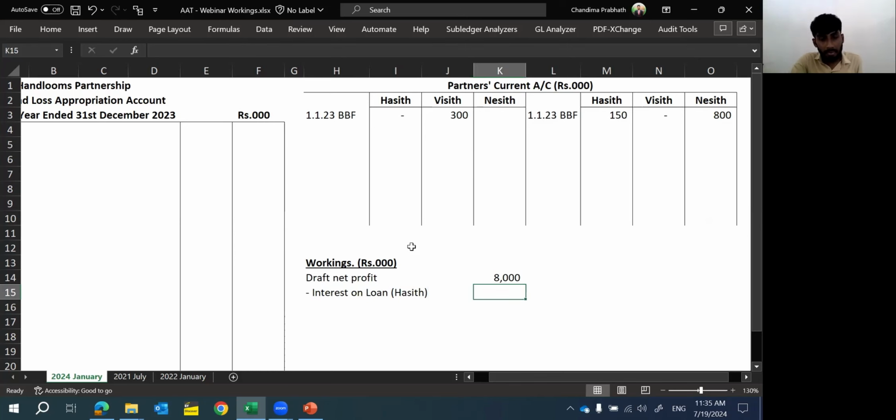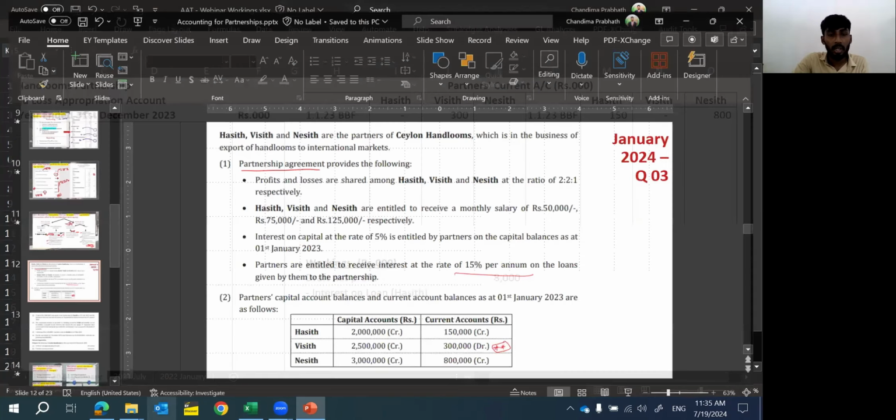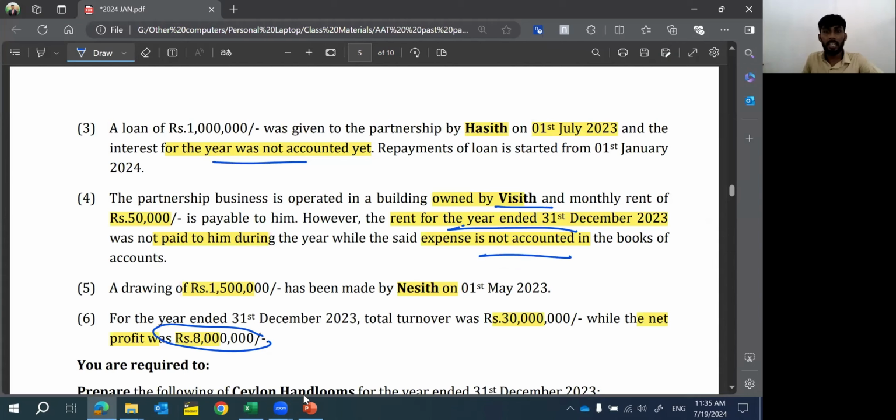Now, how to work that out? The loan was given on 1st July 2023. Our period ends on 31st December 2023. That means this loan was there in the business not for the entire year, but for only 6 months.